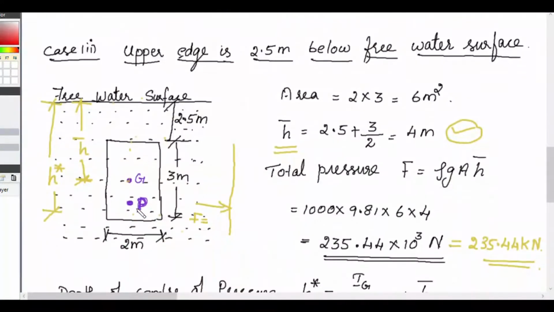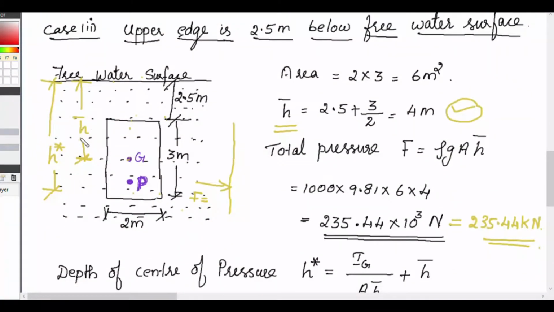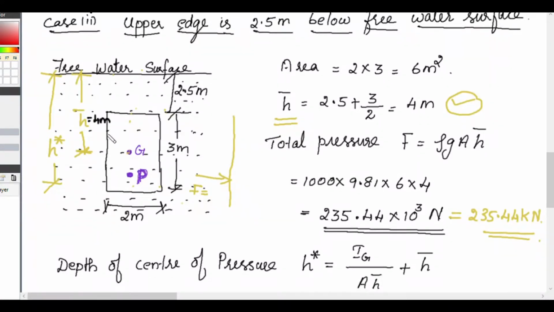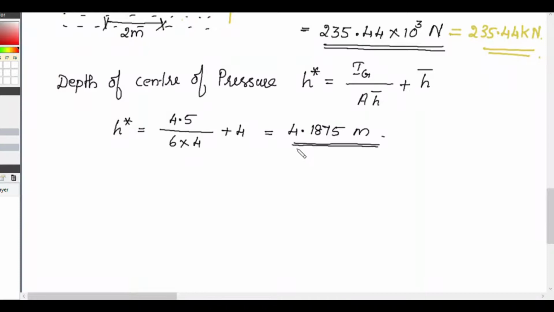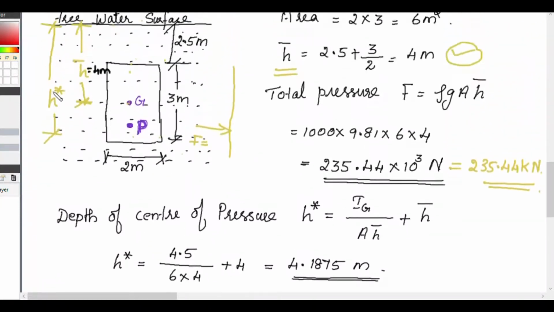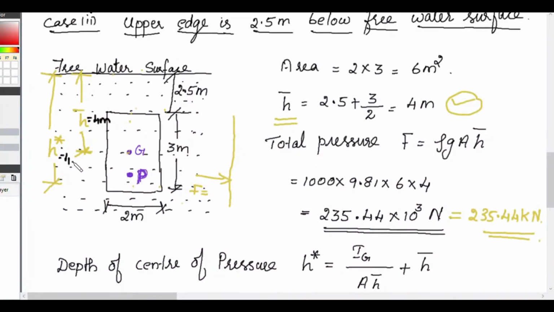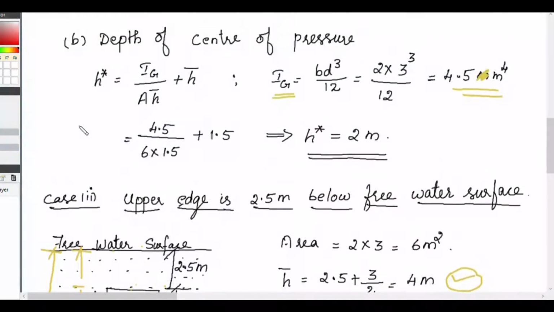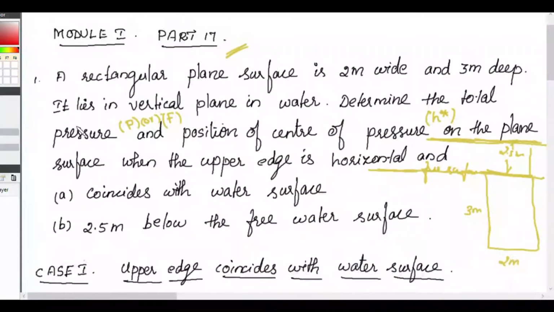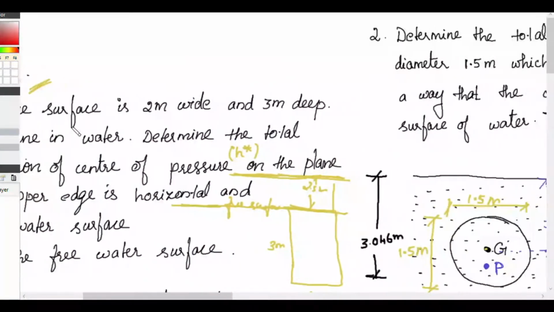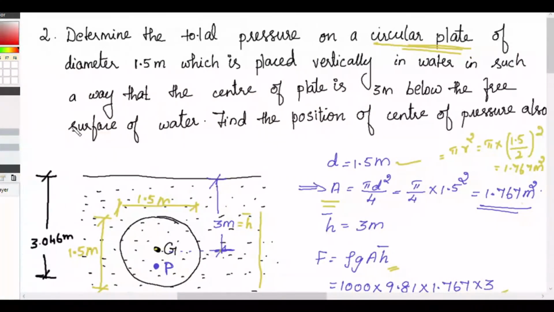Here H bar is 4 meter, whereas H star is 4.1875 meter. So always H star will be greater than H bar. While doing the problems, this is one way of checking whether your answer is right or not.